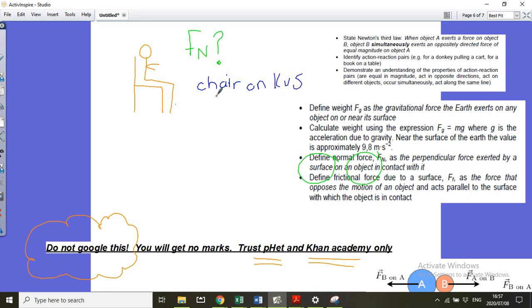That would be the normal force, because it's the surface that I'm sitting on. So it's the chair perpendicular here on me. So that is the normal force, not the reaction yet. That's just the force given. So the Newton 3 pair would be KVS on the chair. Again, only two objects involved, A and B, B and A.